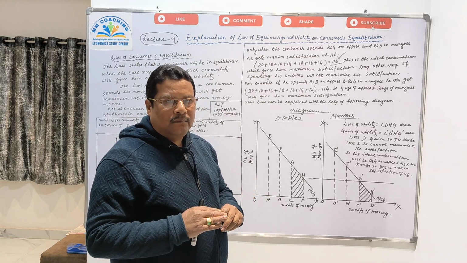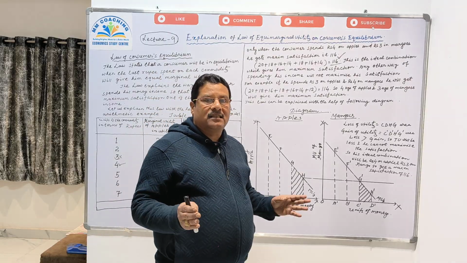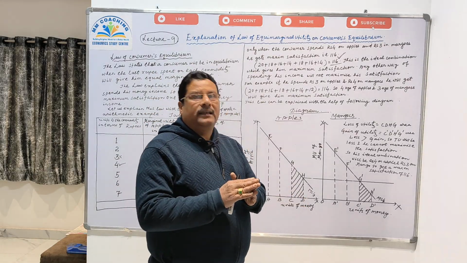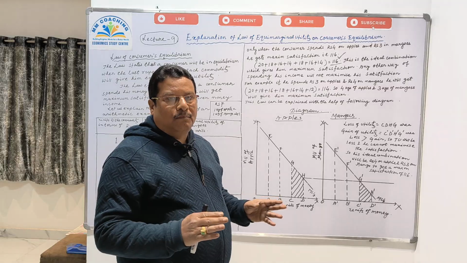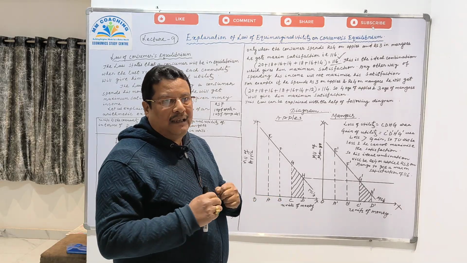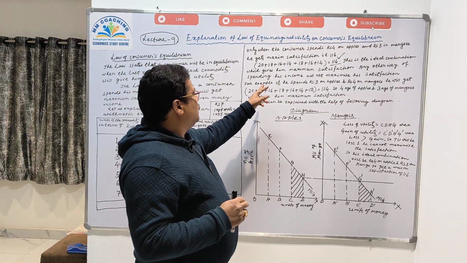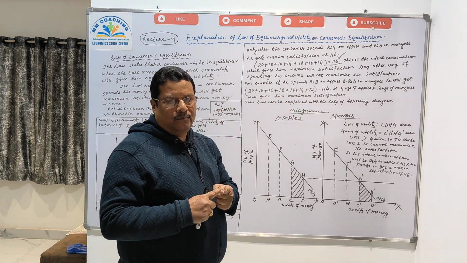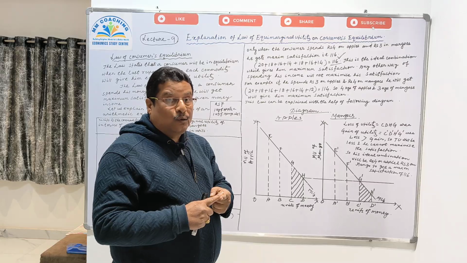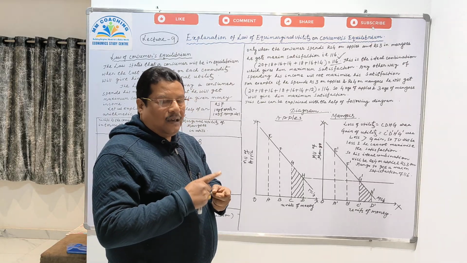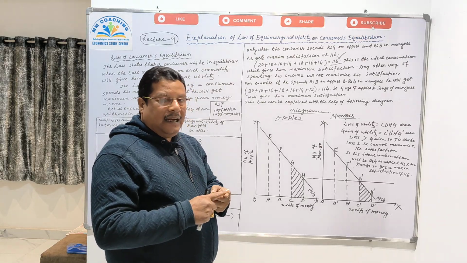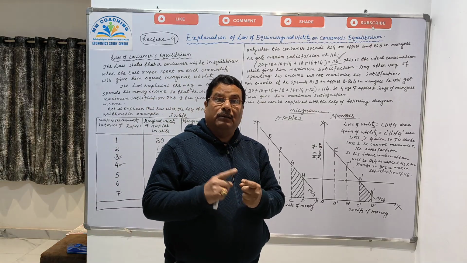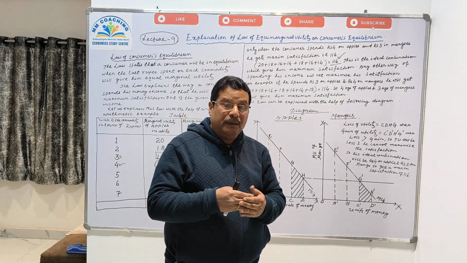But if he changes, if he differs from this ideal combination, so I have already told you, if he spends rupees 3 on apples and rupees 4 on mangoes, what will happen?